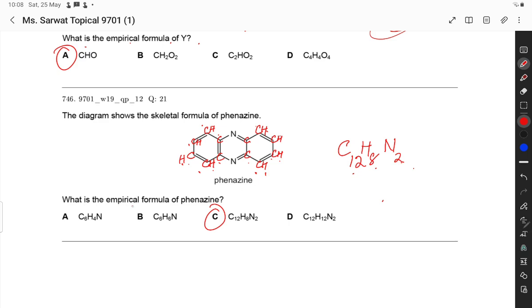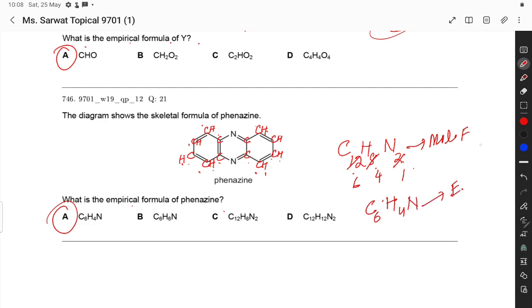He asked for the empirical formula of phenazine. You know that 2 1s are 2, 2 4s are 8, 2 6s are 12. So this is C6H4N. So A option is the correct option. This is the molecular formula and this is the empirical formula by simplifying.